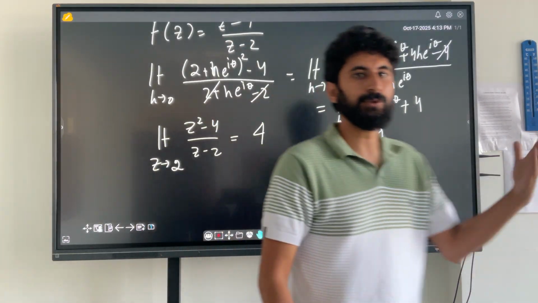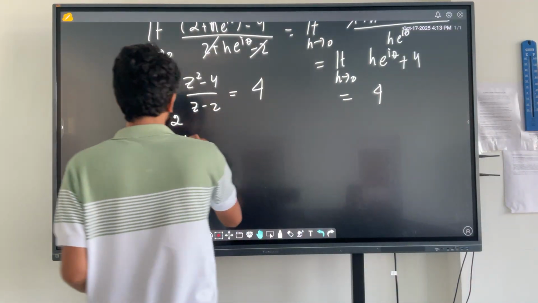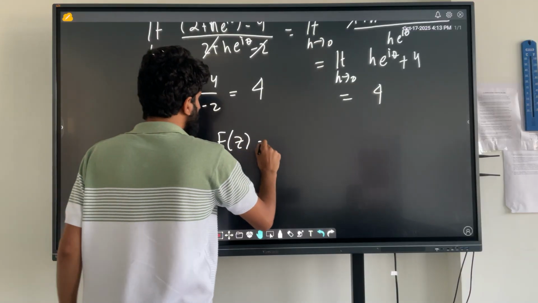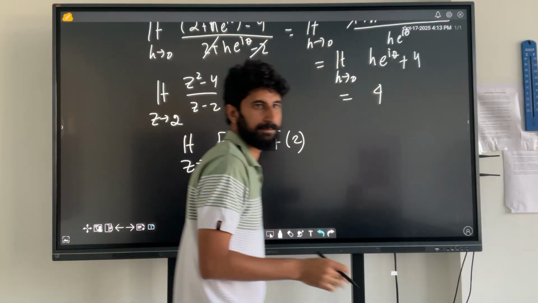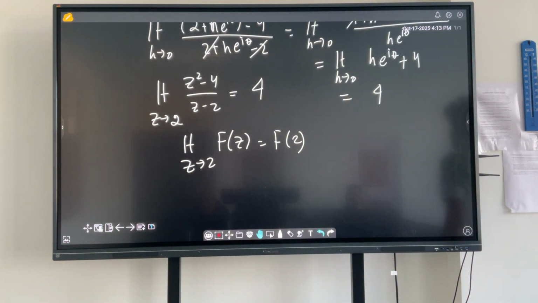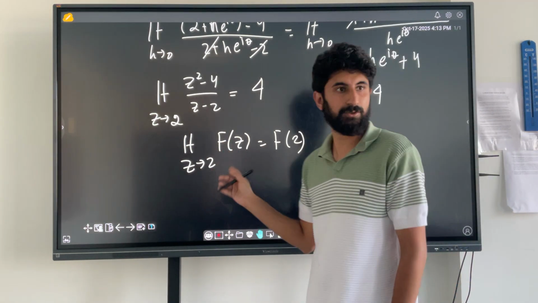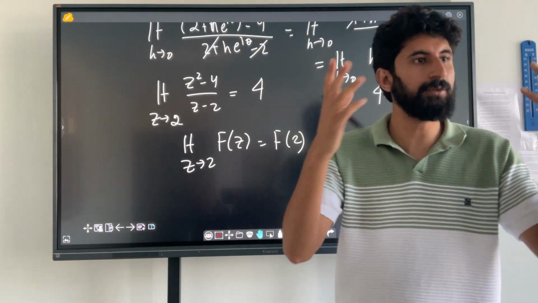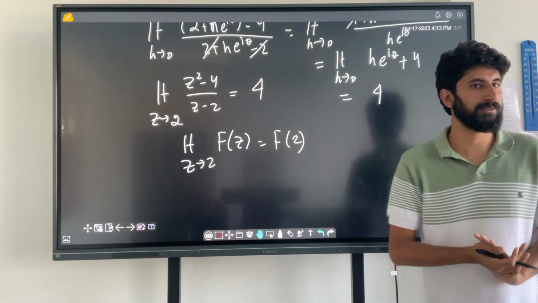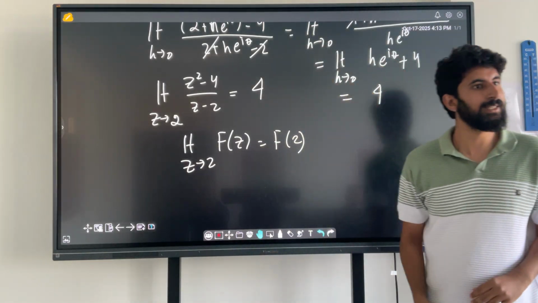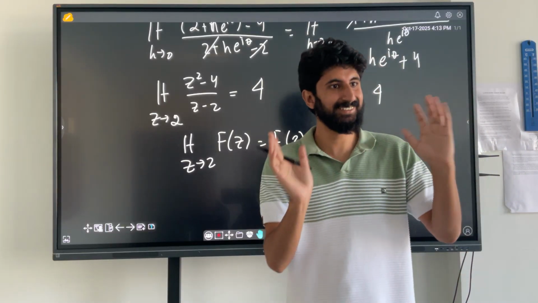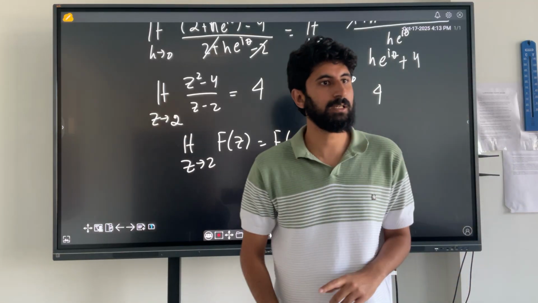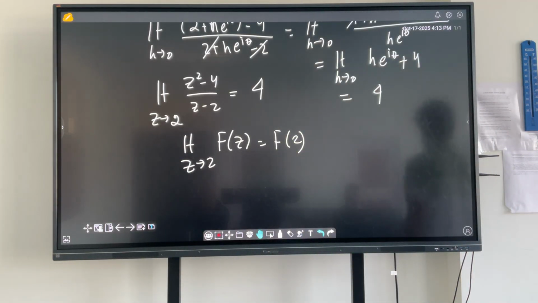If you were doing the limit as z goes to 2 of some other function f of z, and it turned out to be f of 2, then you would call this complex function continuous. It's extending the notion of continuity to complex functions. Analytic is not that. Today we are defining analytic functions in a bit more precise manner, so that we can talk about what kind of non-analyticities can occur.